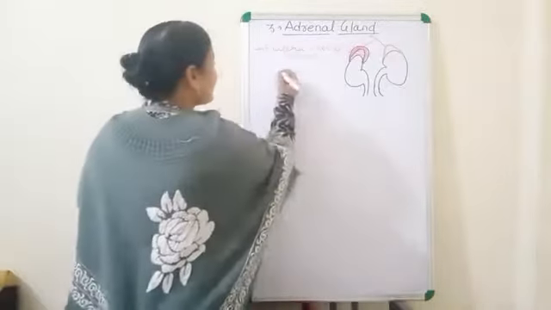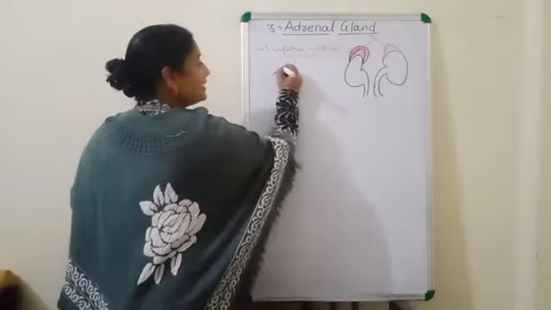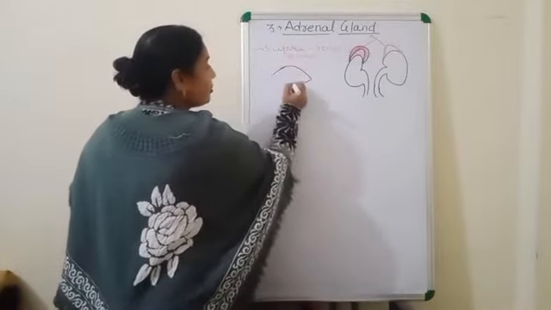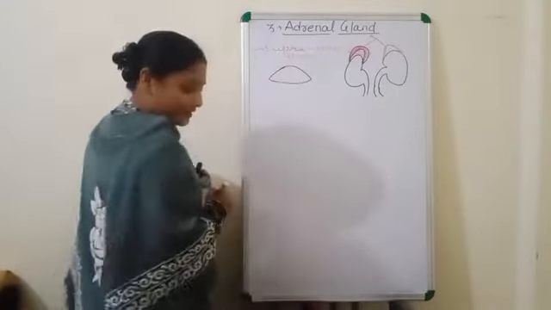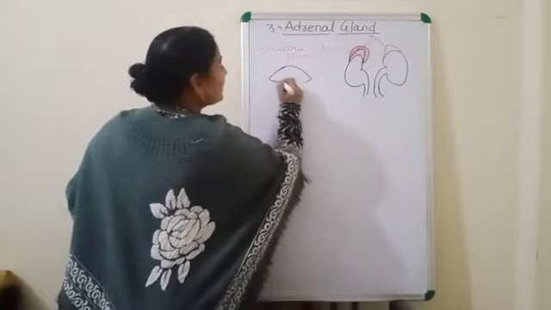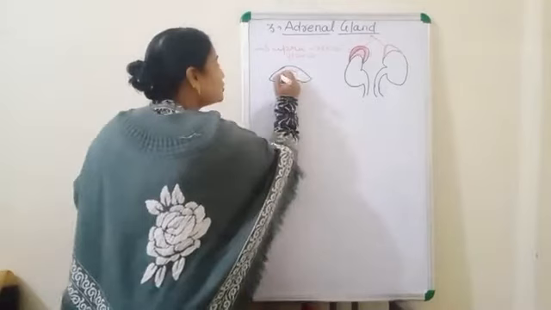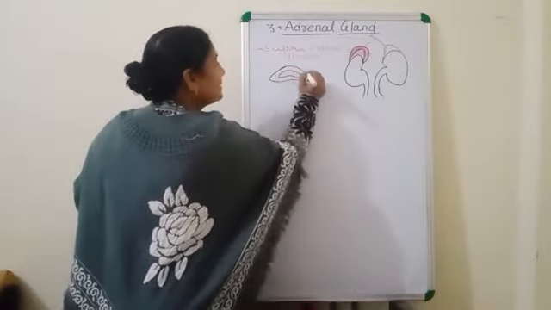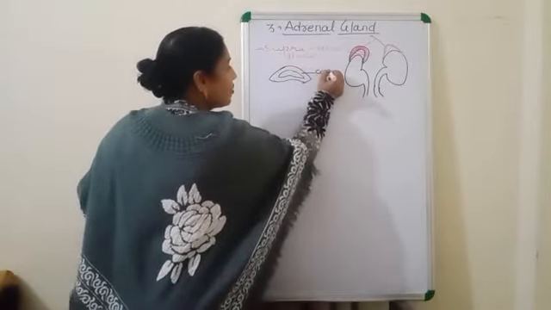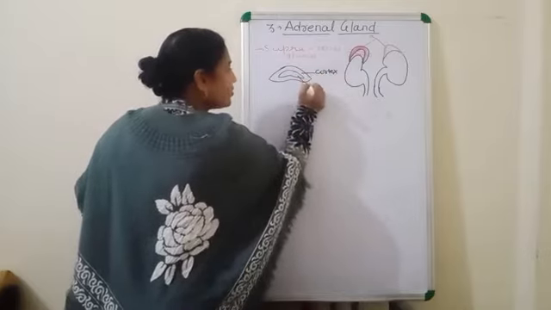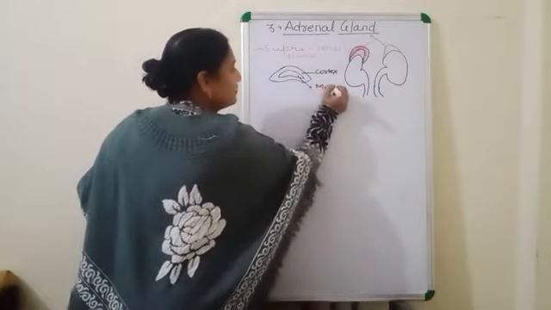So what we can write is that the adrenal gland is basically made up of two parts. This is called the cortex and this is called the medulla.